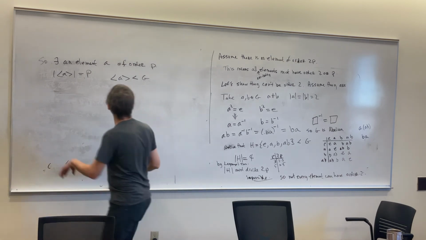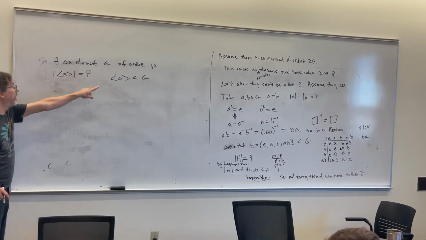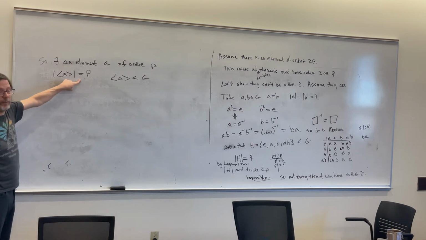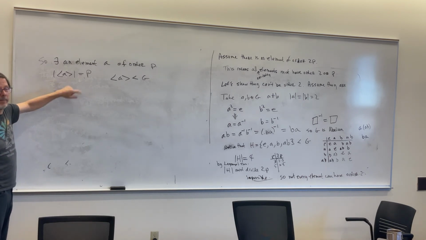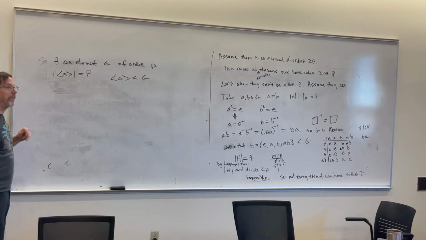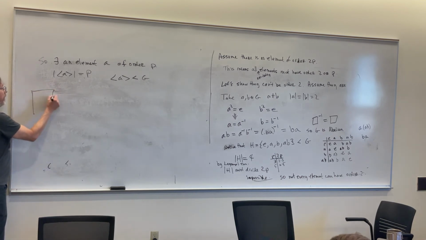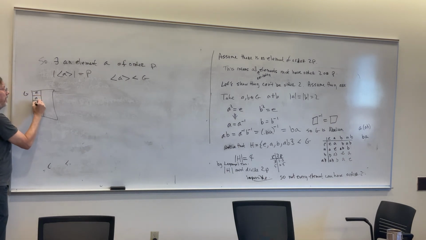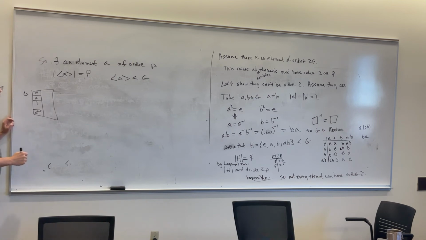So is there stuff left over? Is there stuff outside of this subgroup? We've got G. We've got our cyclic subgroup inside of here. We've got E, A, up to A to the p minus 1. How many elements are there? p with the E, but yeah, you're right, outside of the identity.